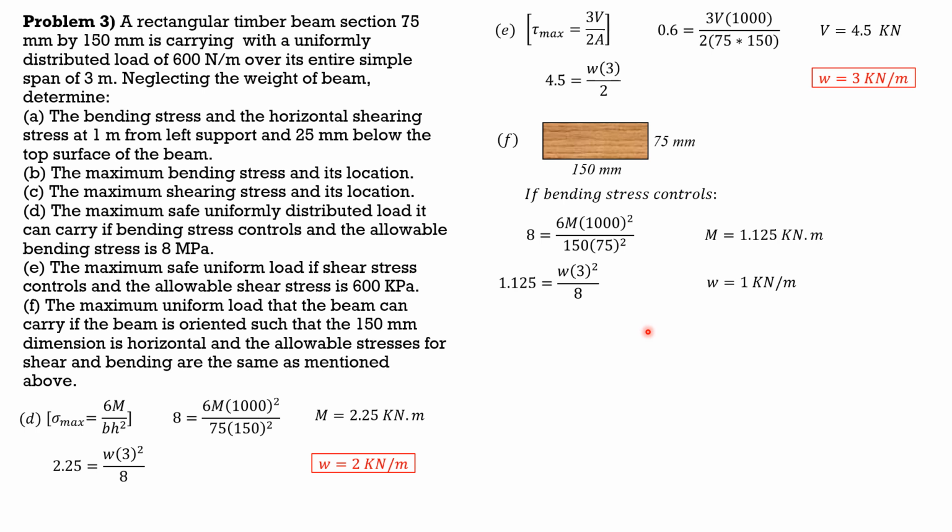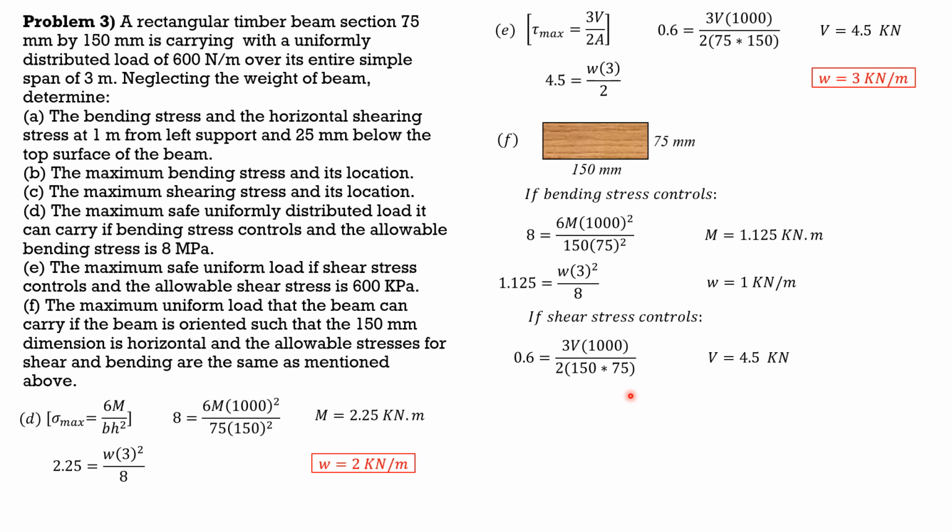If shear stress controls, same formula. So we expect, because area is 150 by 75, which is the same as 75 by 150, we expect the same answer of 3 kilonewton per meter. So let's just repeat it here. So 0.6 equals 3V, assuming shear is in kilonewtons, so times 1000 over 2 times 150 times 75.